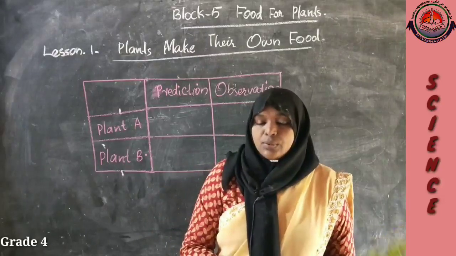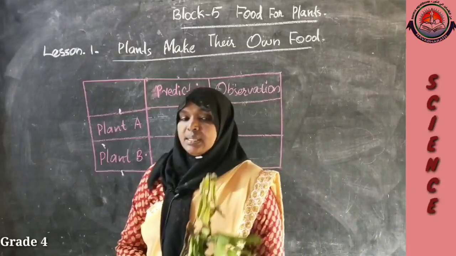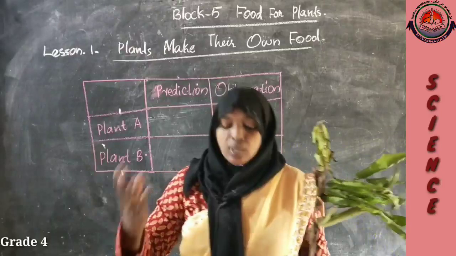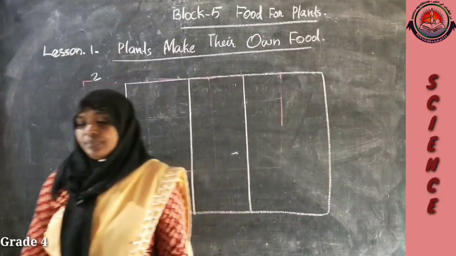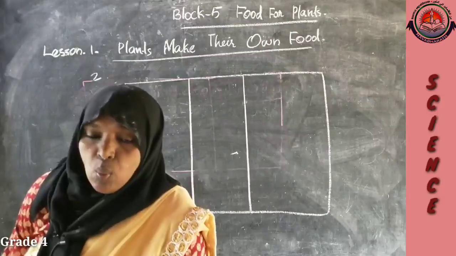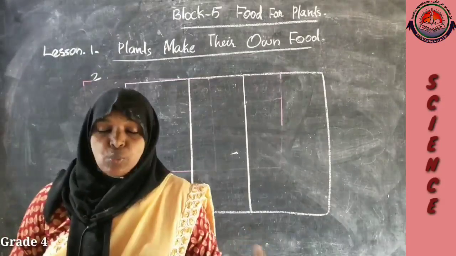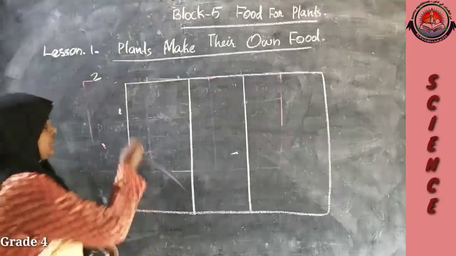Then you have to do another activity. One more table you have to draw in your notebook. Activity number 2. First one, what is the situation of these two plants?